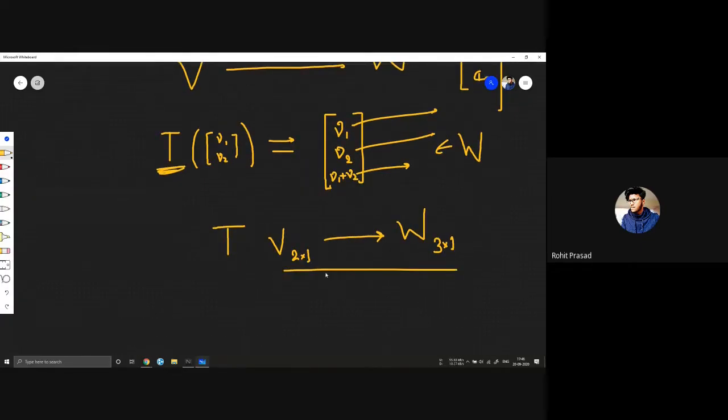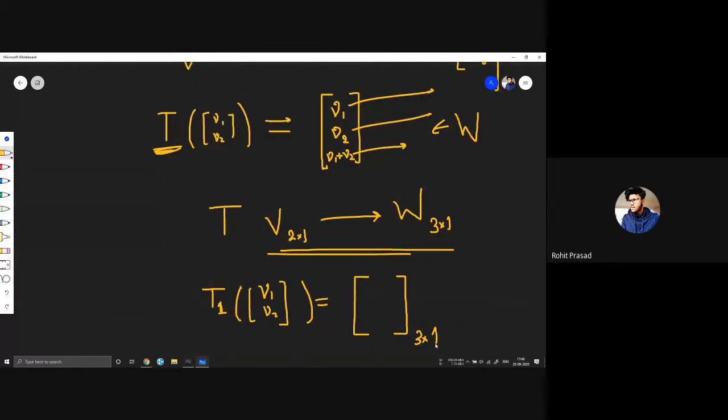Okay, so can you guys tell me a transformation from something like V1 and V2, which takes it from this 2-dimension to 3-dimension? Can you tell me another transformation? Like, this is equal to what? It's 3 cross 1. It can be V1, V2, and C V1 plus D V2.